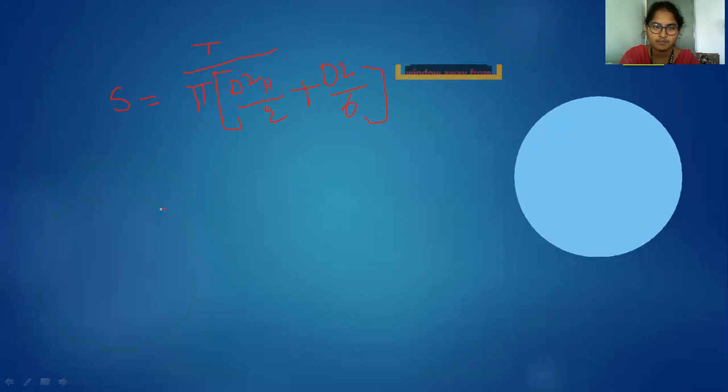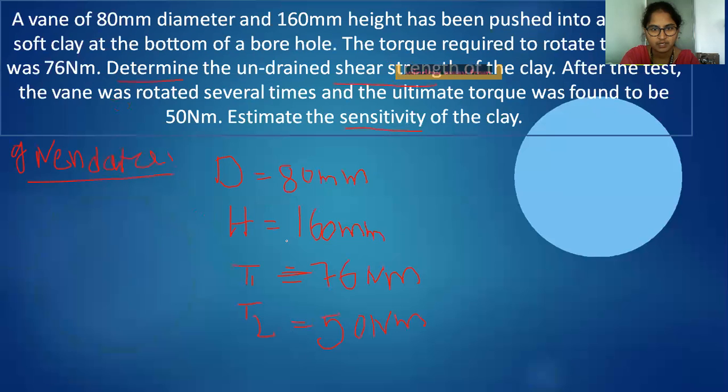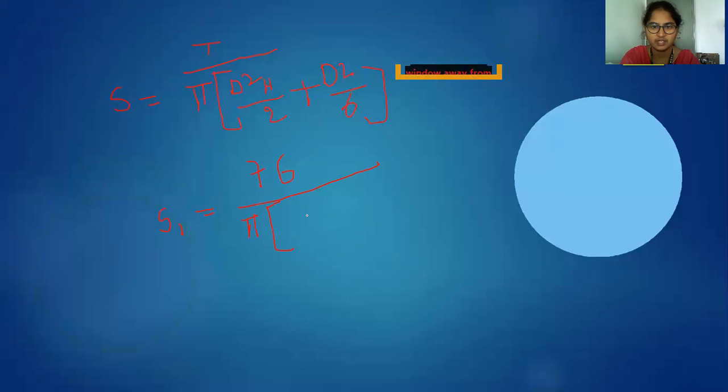S1 is equal to, what's the value of T1? 76, by pi into D. D is equal to 80 mm; convert to meters, 0.08 meters.